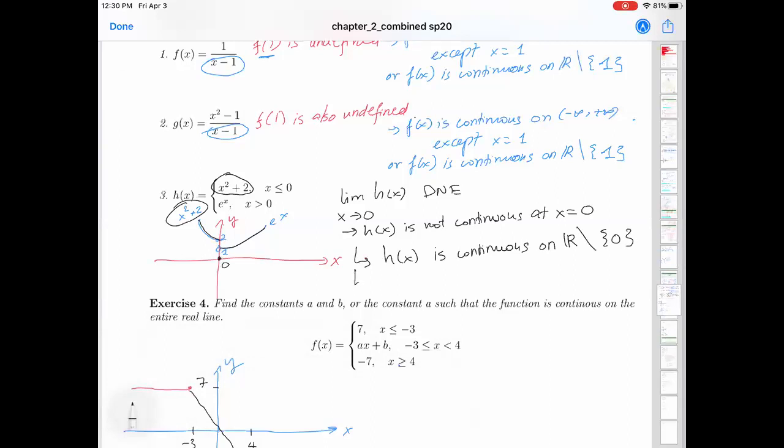Or if you want to use interval notation, you can say h of x is continuous on negative infinity to 0 union 0 to infinity. So you have open intervals, which means it doesn't include 0.